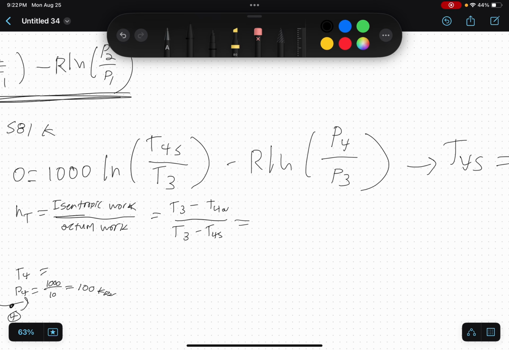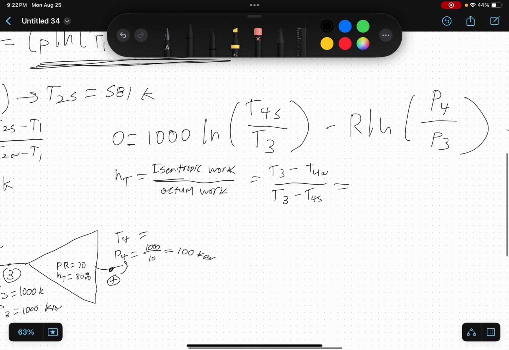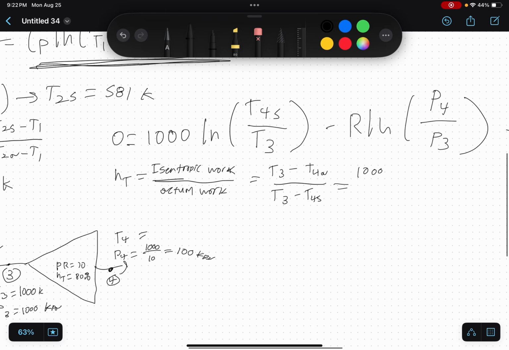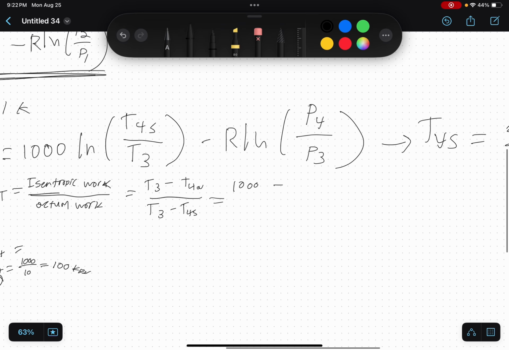So T3 is 1,000. Gonna get rid of the units, although you should always include the units.